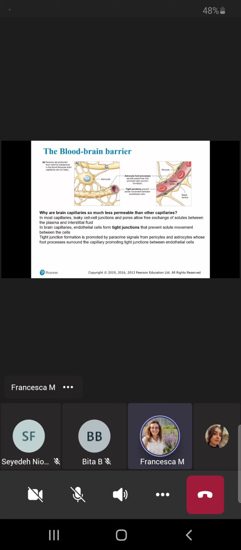So we need another level of protection that is supported by the presence of the blood-brain barrier. That's why we have this structure. And thanks to paracrine molecules that are secreted by pericytes and astrocytes that are recruited at those sites, we have the formation of this other protective layer in the brain.